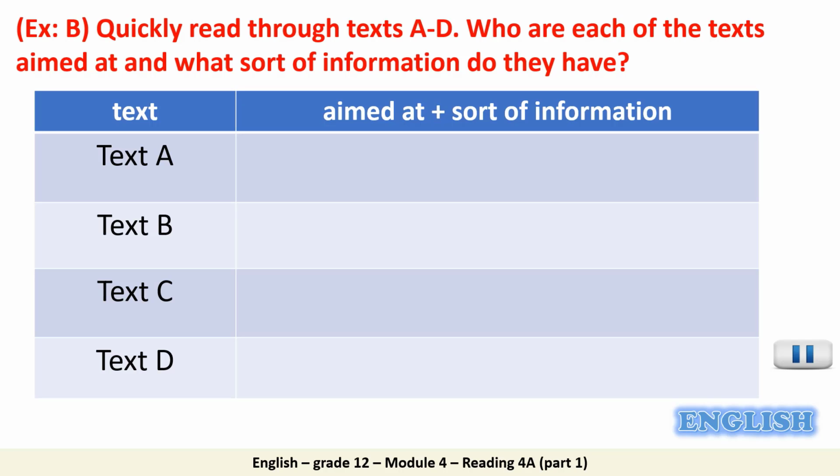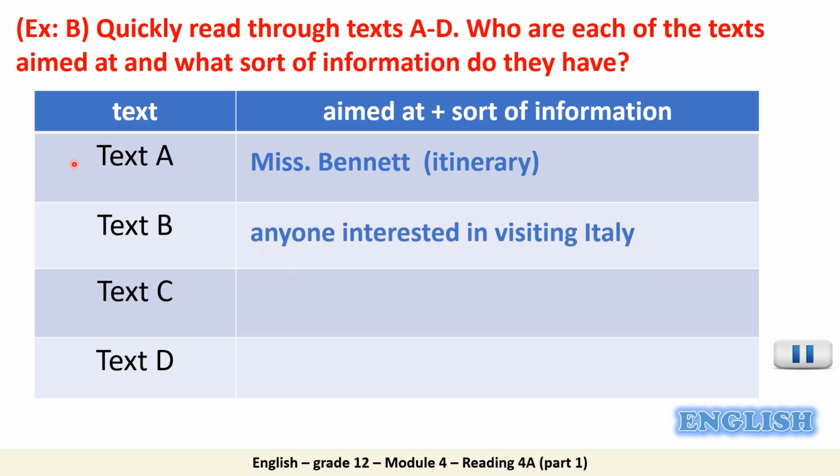Well, text A is a letter and it is aimed at Miss Bennett. What about text B, the flyer? Excellent. It is aimed at anyone who is interested in visiting Italy.